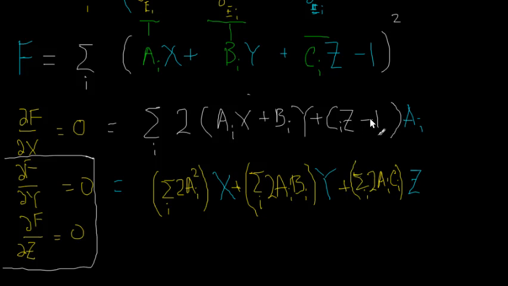Oh, one more term, minus 1 times a_i, that's the constant term. So we have a_i there, summed over i, and a minus sign. Okay, almost.